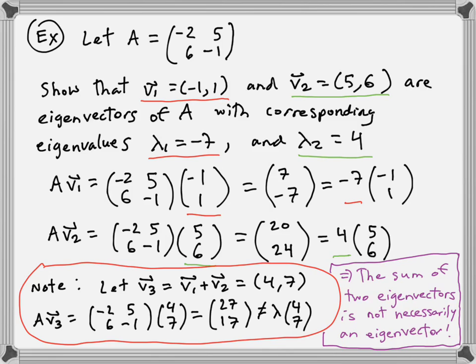So this last example demonstrated how you would show that something is an eigenvector, but where did those vectors come from? In other words, how would we have found those ourselves? So we're going to learn how to find eigenvectors.